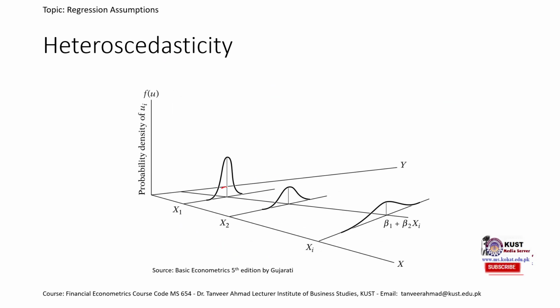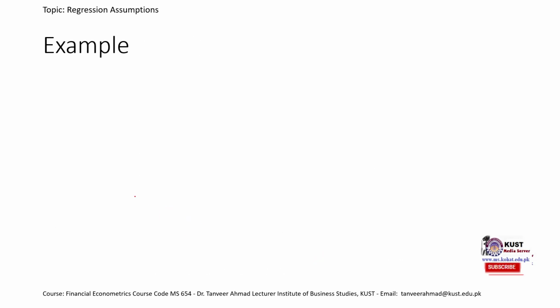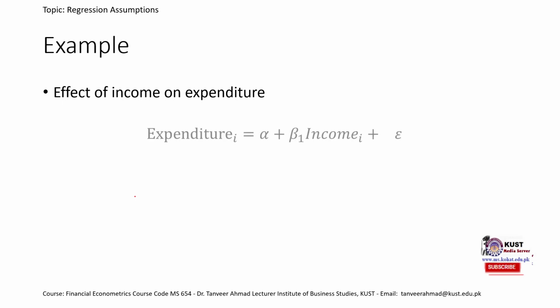We can see that in case of x1, the disturbance term has a lower variance, and the variance increases as the value of x increases. Let's discuss an example of income and expenditure. If we are studying the effect of income on expenditure, expenditure is our dependent variable and income is our independent variable.